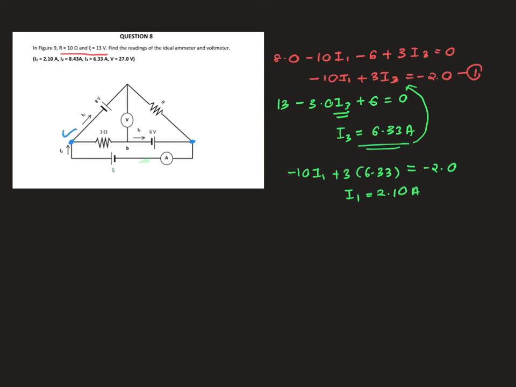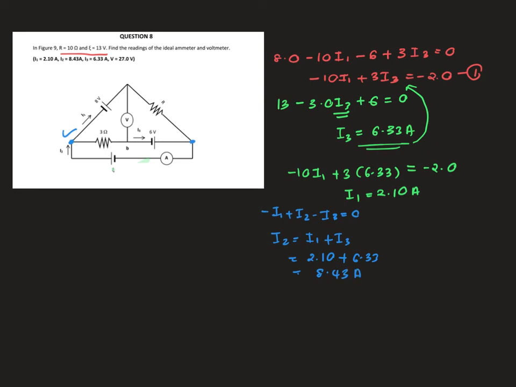So my equation is going to be negative I1 plus I2 minus I3 equals 0. So for me to find the I2, I can just add I1 plus I3. I1 is 2.10 and I3 is 6.33. Therefore, I'm going to get my answer is 8.43 ampere. Okay, so done with that.